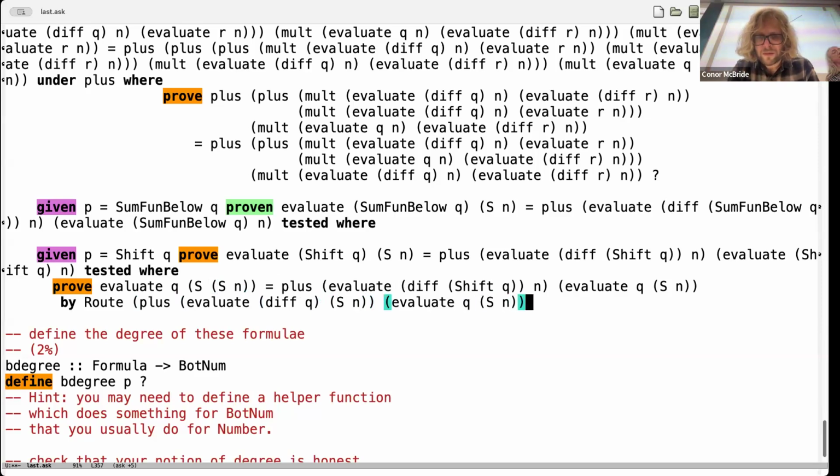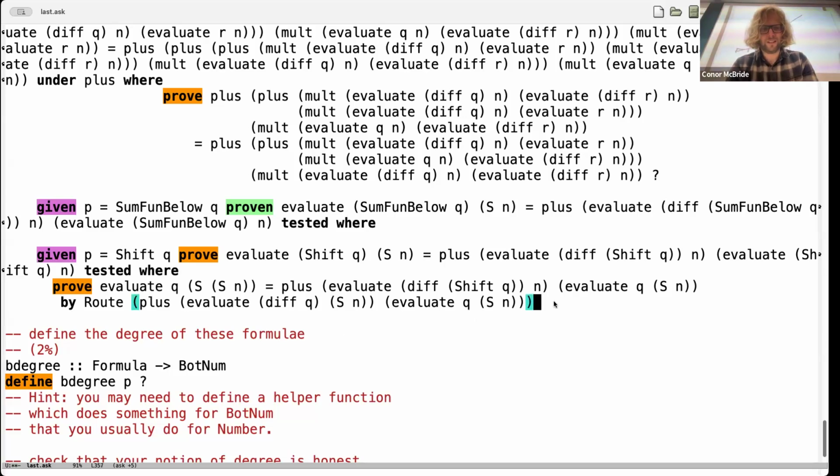Another thing to remember about induction: the variable that you're going inductively on has to get smaller. All the other variables can be whatever you want. And here we want it to be slightly different. So we are doing induction on the formula, right? We have gone from shift of Q to Q. And Q is smaller than shift of Q because there's one more thing here.